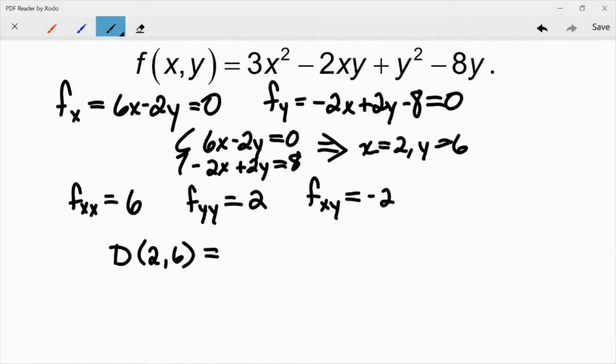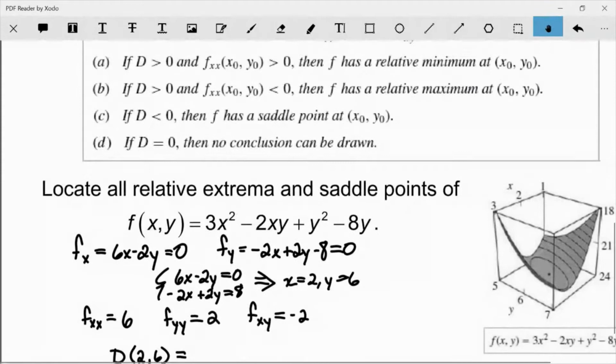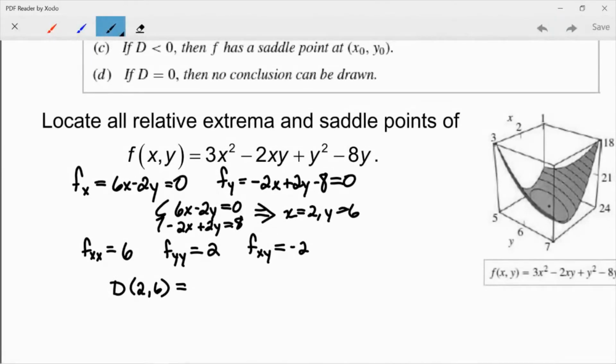And when we calculate the determinant, you can kind of see what happens here. I already know that I'm looking at a scenario where both my x partial and my y partial are positive. So it's very likely that I'm going to be looking at a positive determinant, but I just want to verify that.